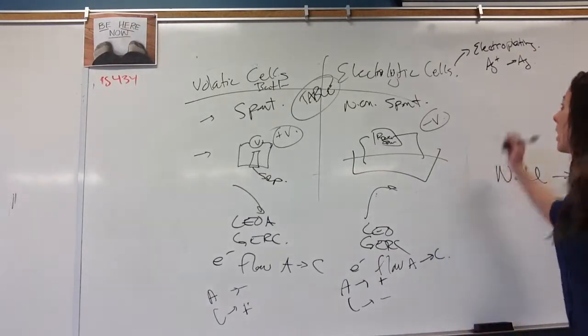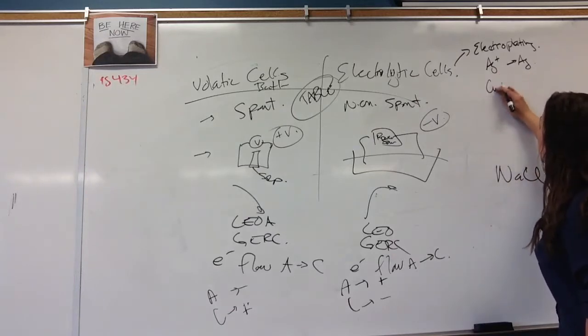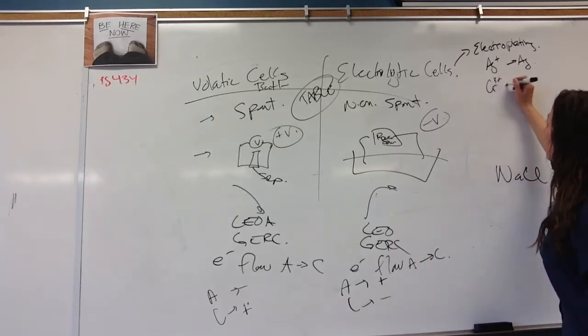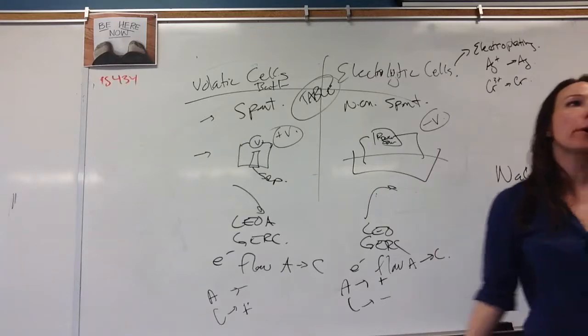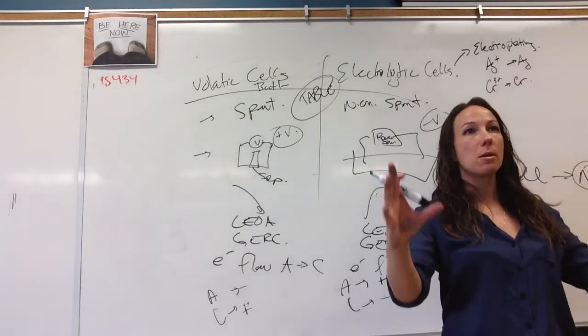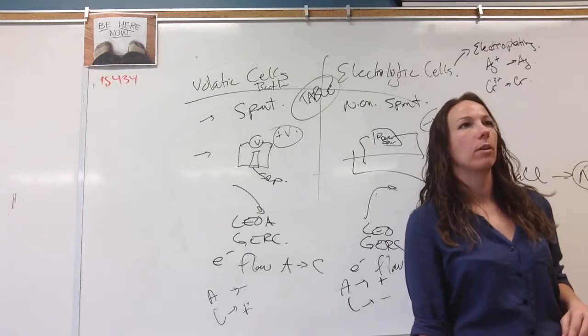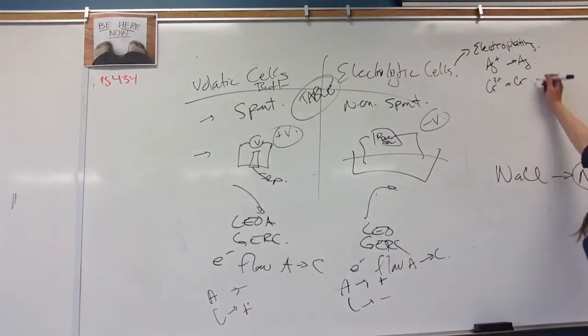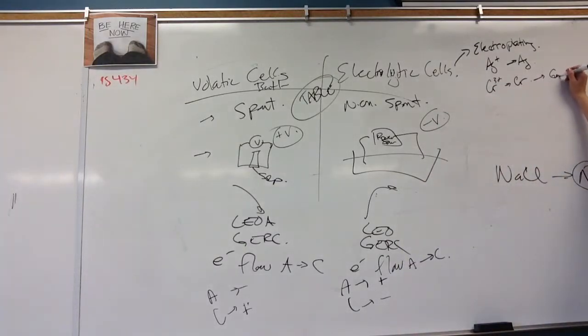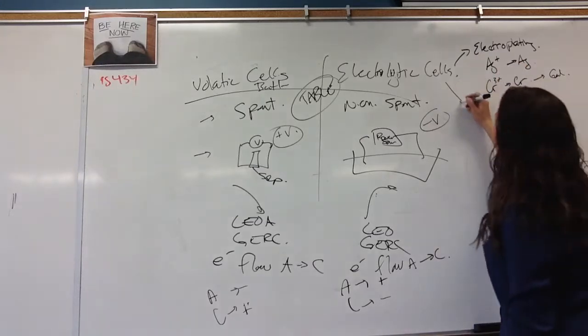Or having my chromium 3+ plate onto my car bumper, and then I have a chromium plated bumper, but it still has the strength of the iron underneath. Right? By the way, that sounds a whole lot like galvanizing to protect that bumper. Yeah, because they're the same thing. So galvanizing is electroplating.